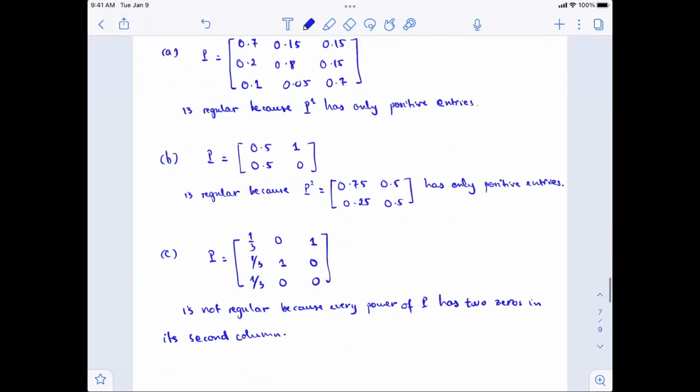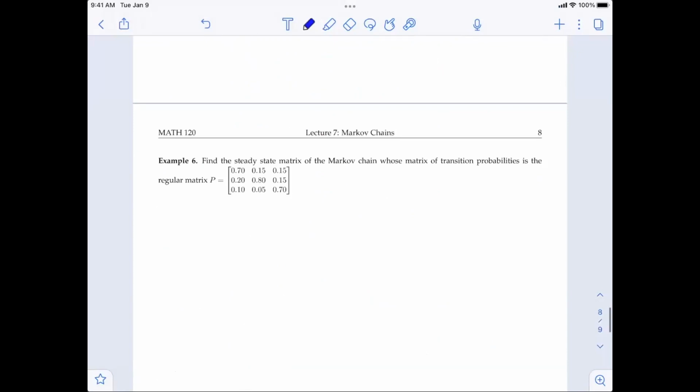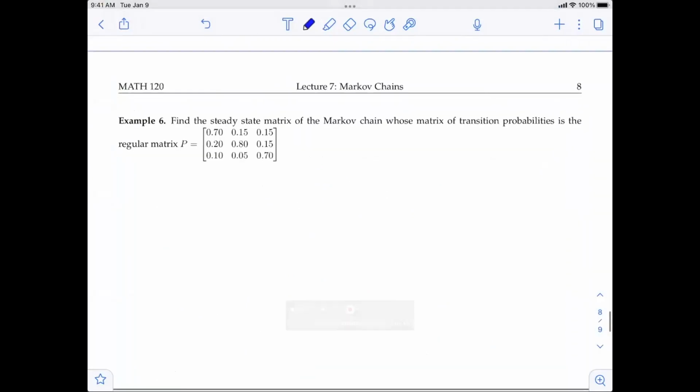Okay. Now moving on to the following example, this is where we're going to actually calculate the steady state matrix. The question is, find the steady state matrix of the Markov chain whose matrix of transition probabilities is the regular matrix here.